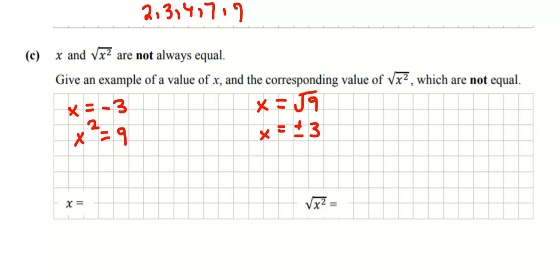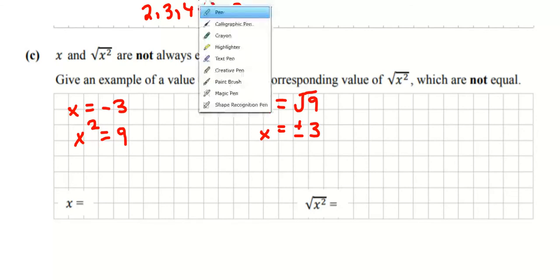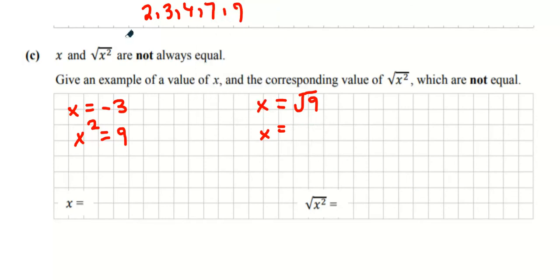As it turns out, they don't actually treat the negative number here, which means, in my opinion, it's a bit of a bogey question. So minus 3 squared is 9, and then root 9 is plus 3. So you get full marks for this. It says any negative value of x will work. So x equals minus 3 and the square root of x squared.